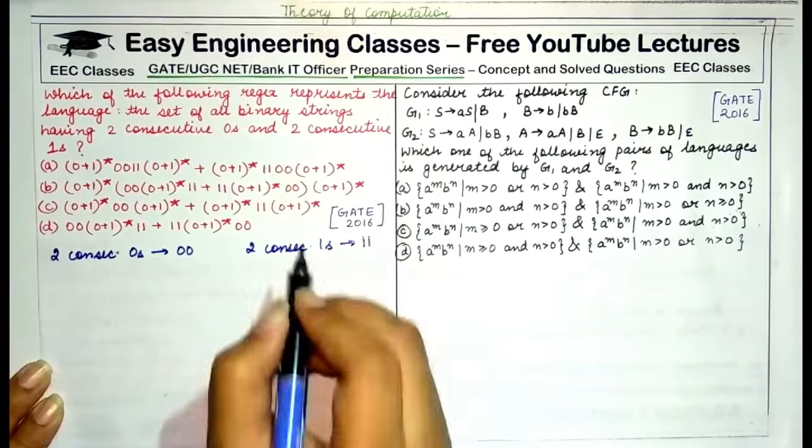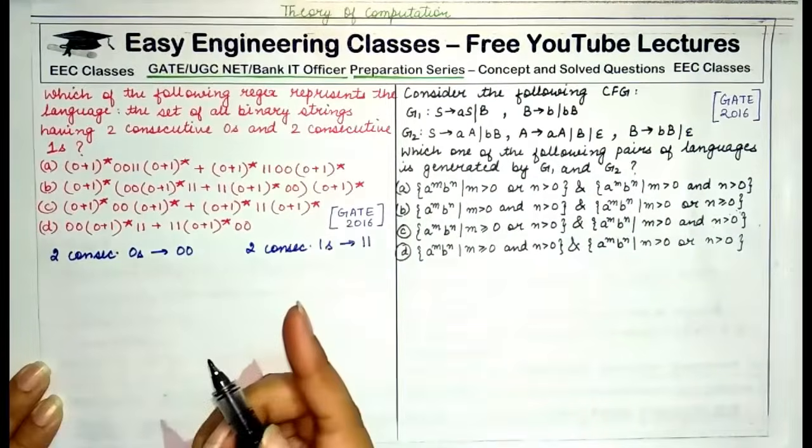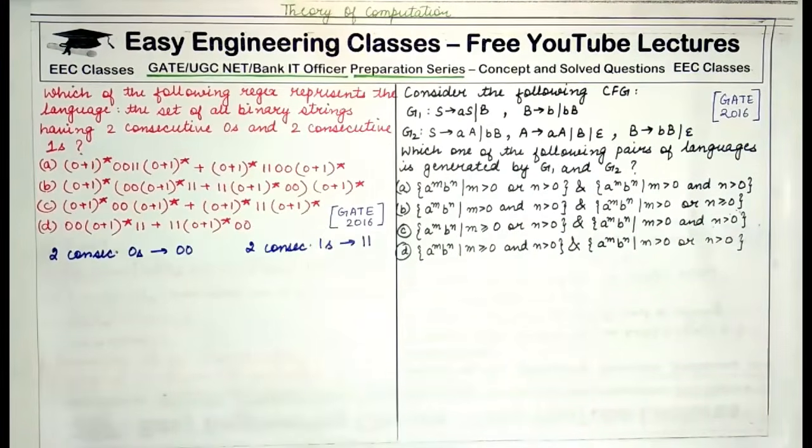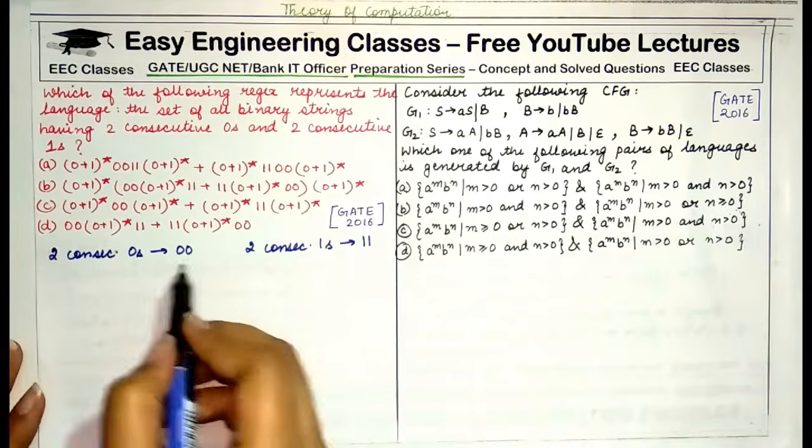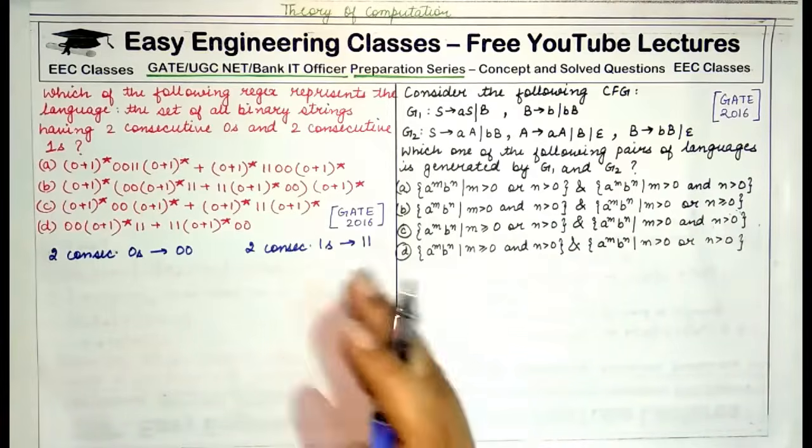You are neither specified in what order they must appear. That means you are not told whether the 00, the consecutive zeros, should come before 11 or vice versa, and neither are you told whether there needs to be some binary digit separating the two consecutive zeros and the two consecutive ones, or whether the double zeros and double ones should be together.